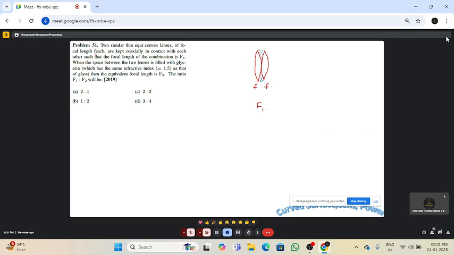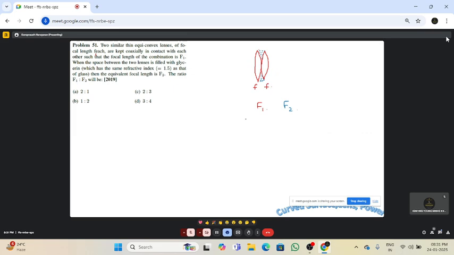So the glycerin has the same refractive index 1.5 as that of glass. Then the equivalent focal length is F2. The ratio of F1 to F2 is asked. Okay, so you have to be very careful. It is just direct formula substitution, but if you are careful you will find this ratio correctly. Otherwise, we may make some simple silly errors.